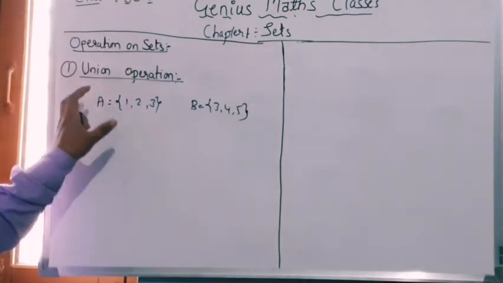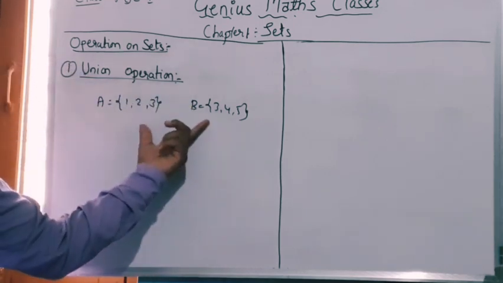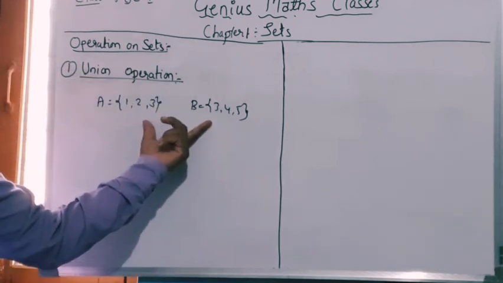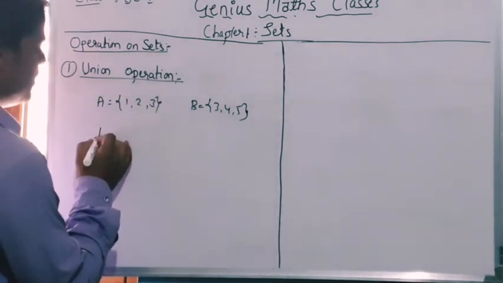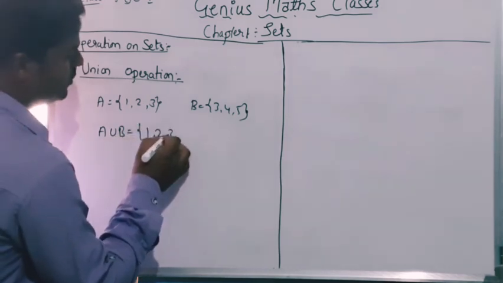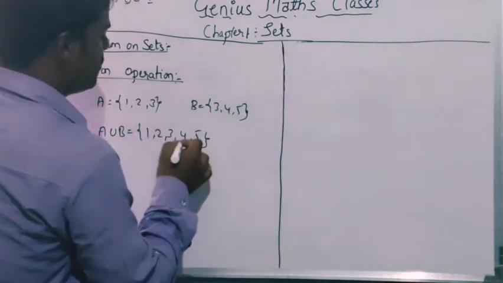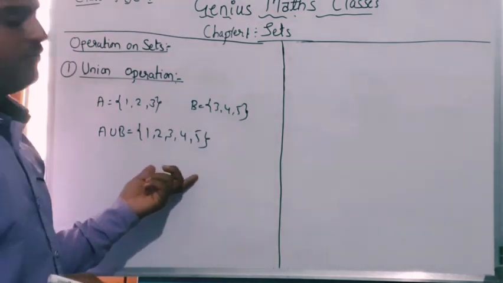The union operation means combining these two sets and getting a new set. A union B will give you 1, 2, 3, 4, 5. So combining these two sets, we get a new set. It is called the union operation.